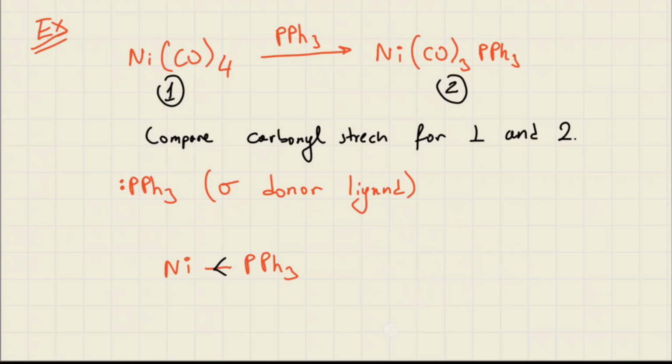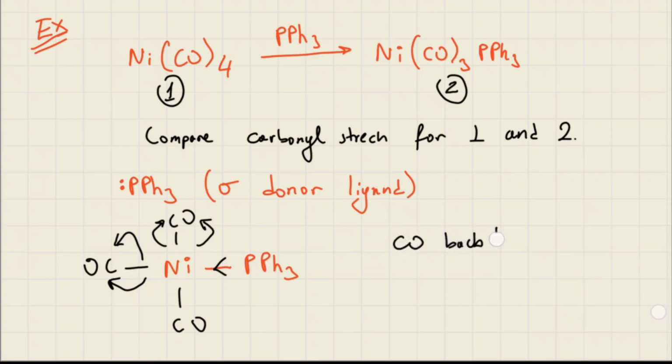And on the other hand, we have CO groups. This part is more important. And CO will have pi-back donation ability, right? If the metal center is more electron rich, then CO back donation will increase. If the back donation increases, then the CO bond strength will decrease, and νCO stretching also decreases.